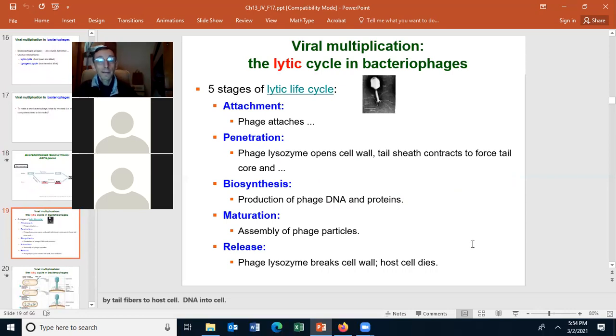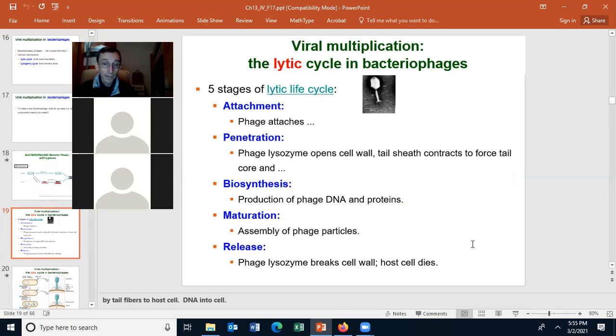So let's talk about the lytic life cycle of bacteriophages. Remember, bacteriophages replicate in only two ways, and the first way we're going to talk about is the lytic life cycle. There are 5 stages of the lytic life cycle: attachment, penetration, biosynthesis, maturation, and release.